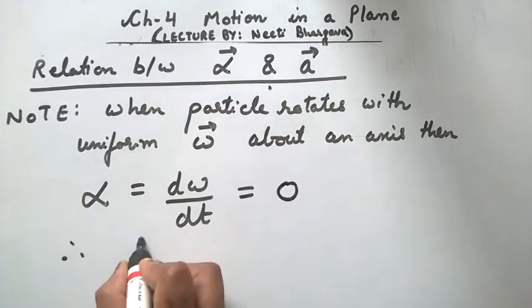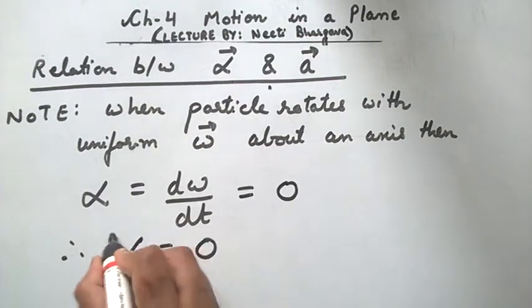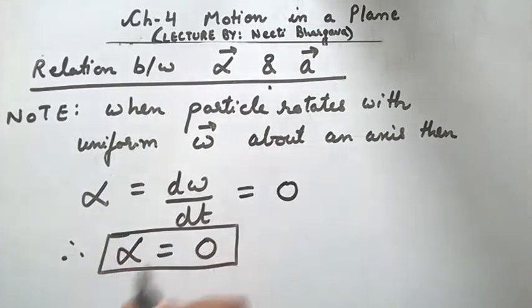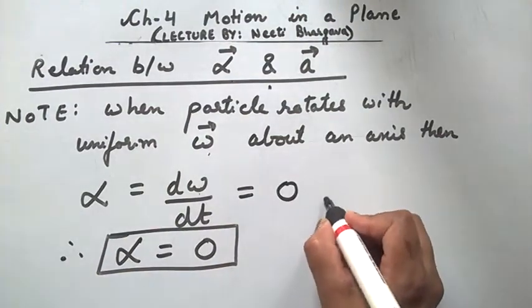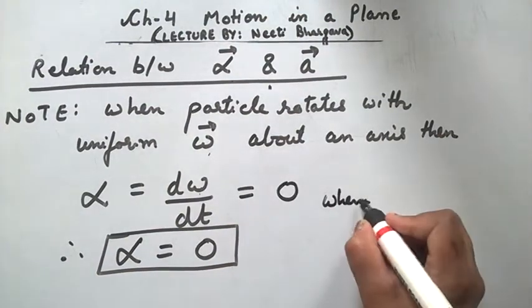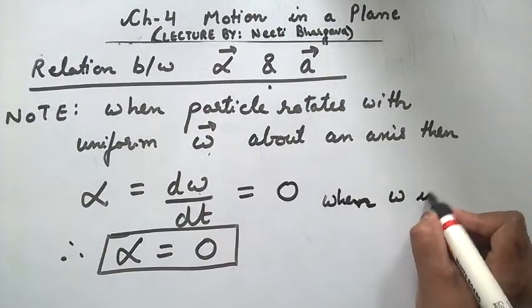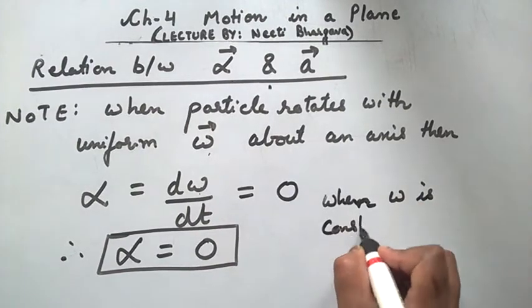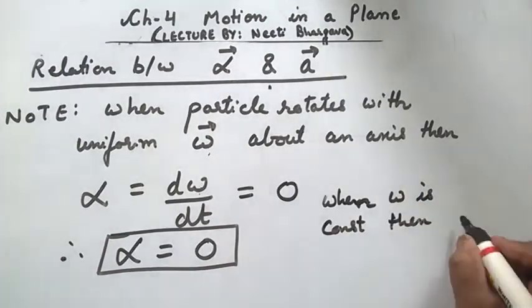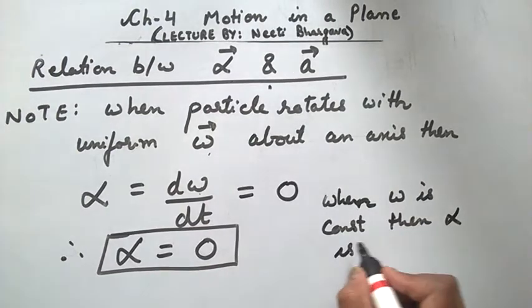Therefore, angular acceleration will be 0. Thus, when omega is constant, then angular acceleration will be 0.